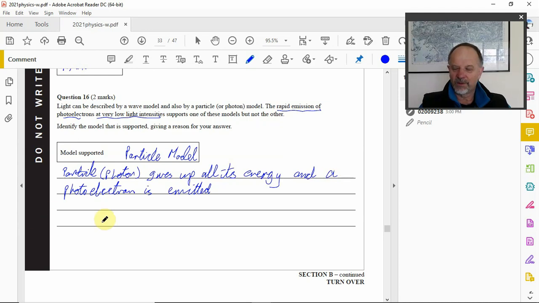And a photoelectron is emitted if the photon energy is above that of the work function.